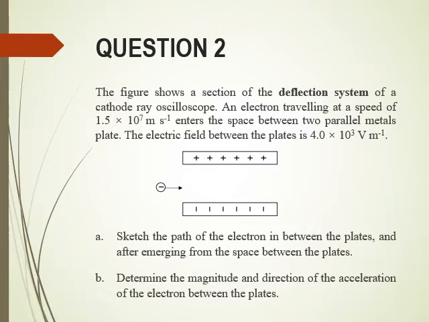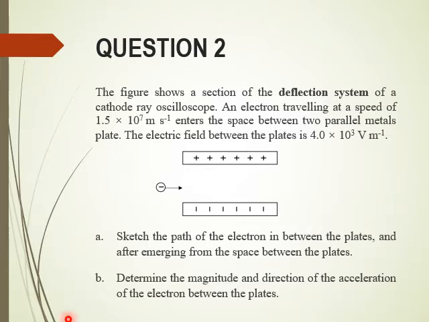The electric field between the plates is 4.0 times 10 to the power of 3 volt per meter. A. Sketch the path of the electron in between the plates and after emerging from the space between the plates. B. Determine the magnitude and the direction of the acceleration of the electron between the plates.